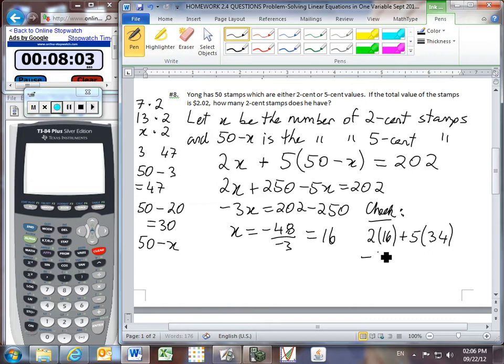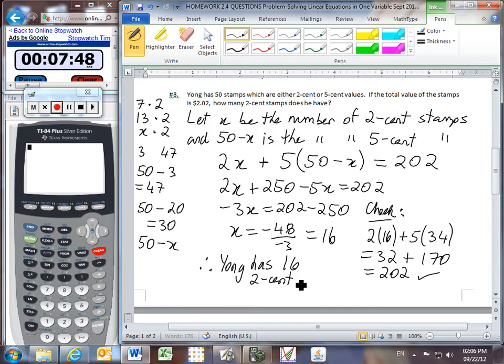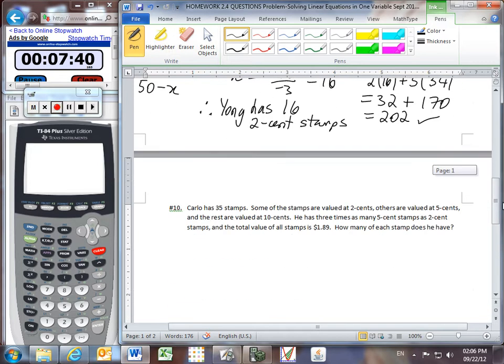And let's see what this gives us. 32 plus 170, that equals 202. Look at that, it worked. And so we can conclude definitively then that Young has 16 2-cent stamps. And if the question was asking us for both numbers of stamps, well then of course we could conclude that he has 34 5-cent stamps.